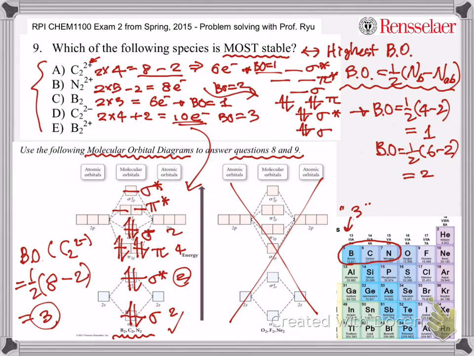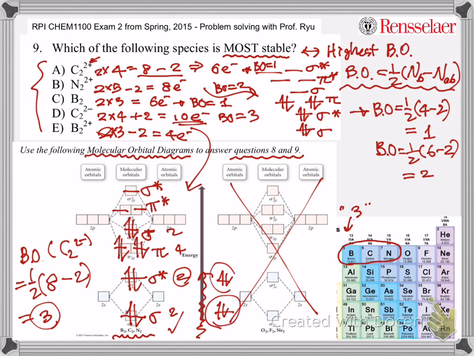And finally, B2 2 plus. Boron is group 3, so there's 2 times 3, that's 6, and you're losing 2 electrons to develop 2 plus. How many electrons do you have? You have 4 electrons. To have 4 electrons, you fill it up: 1, 2, 3, 4.